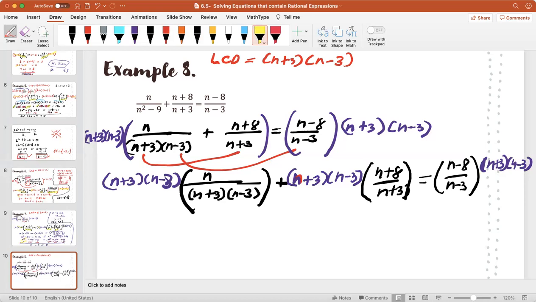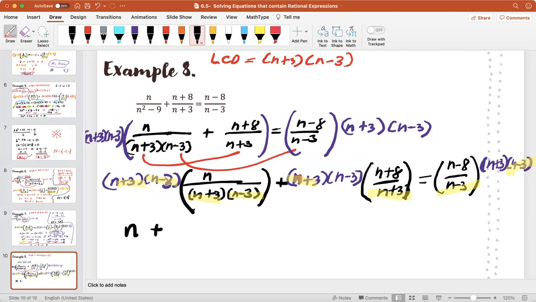And let's do the easiest part of this, where we do some cancellation, right? Cancel your n plus 3, cancel your n minus 3. What else can we cancel? n plus 3. Cancel your n minus 3 there. Well, there's only n here. That is n.